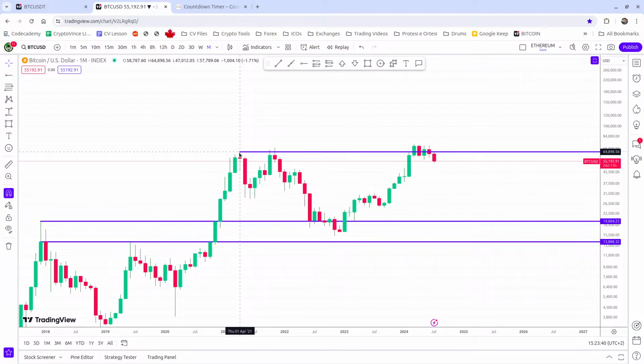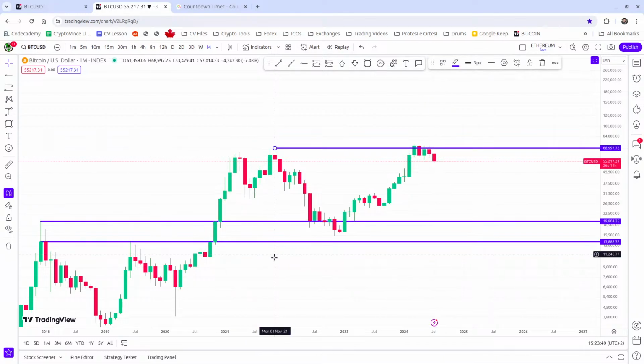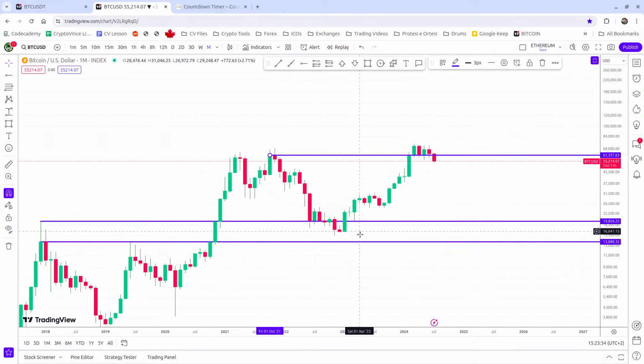If I trace the wick, it's still a clear breakdown here. Or if I trace from the wick of this level, it's still bearish. Or if I trace the candle close, still bearish.